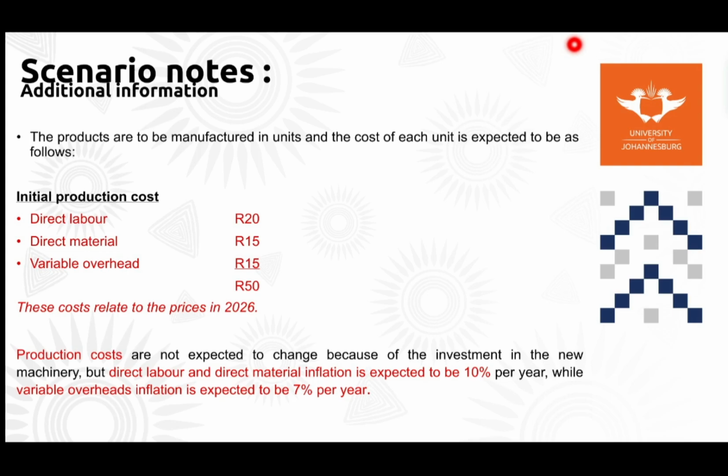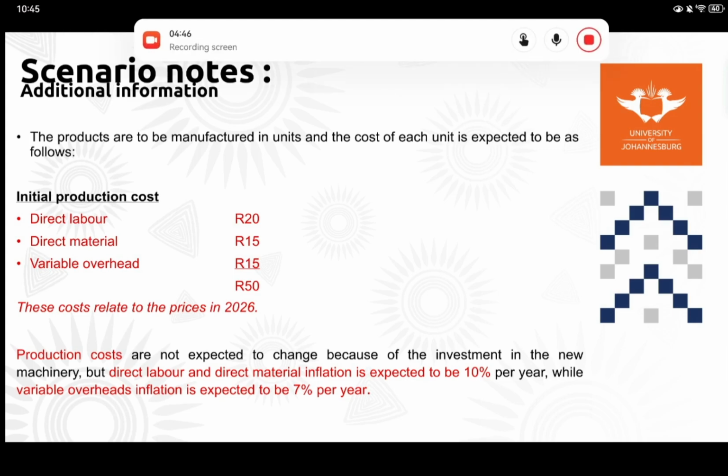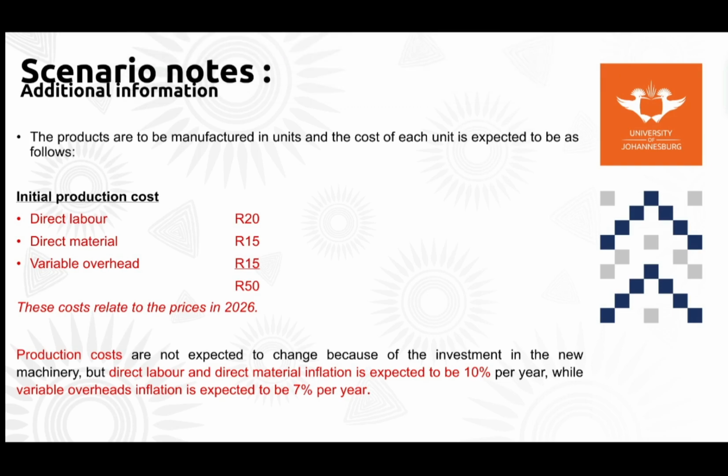So then the products are to be manufactured in units, and the cost of each unit is expected to be as follows. Direct labor, 20 Rand. Direct material, 15 Rand. Variable overhead, 15 Rand.